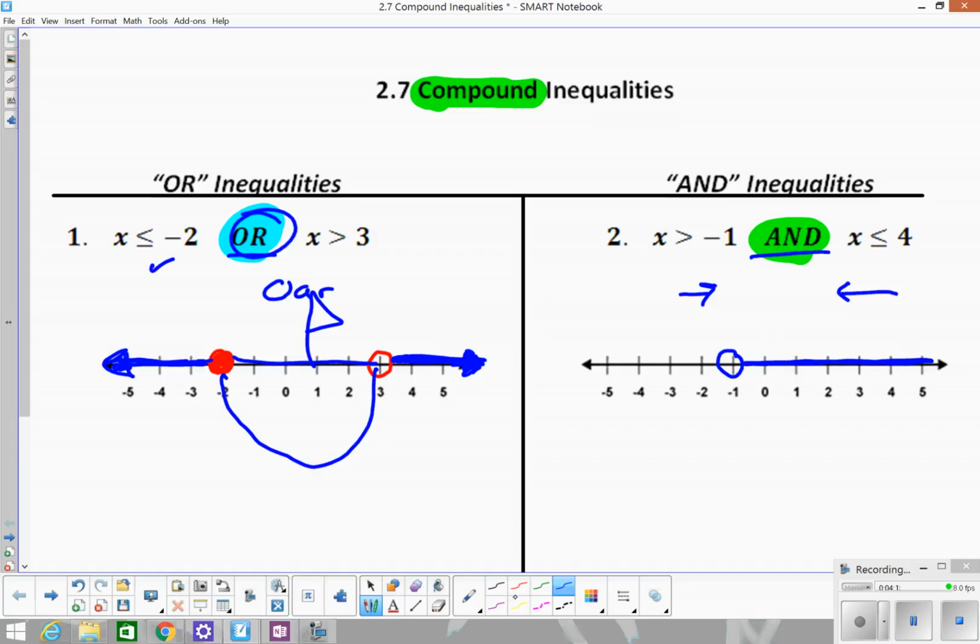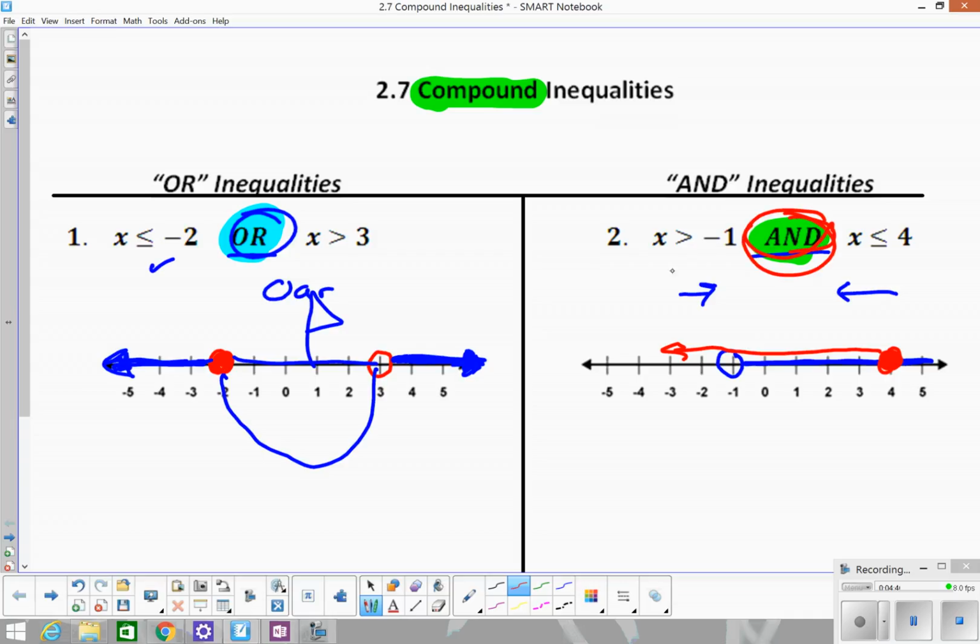Now I'm going to talk about my other one, which is x is less than or equal to 4. I'm going to put a closed circle on 4, and I'm talking about all my x values that are less than, so I'm going in this direction. What you have to understand is for and inequalities, the word and means both.